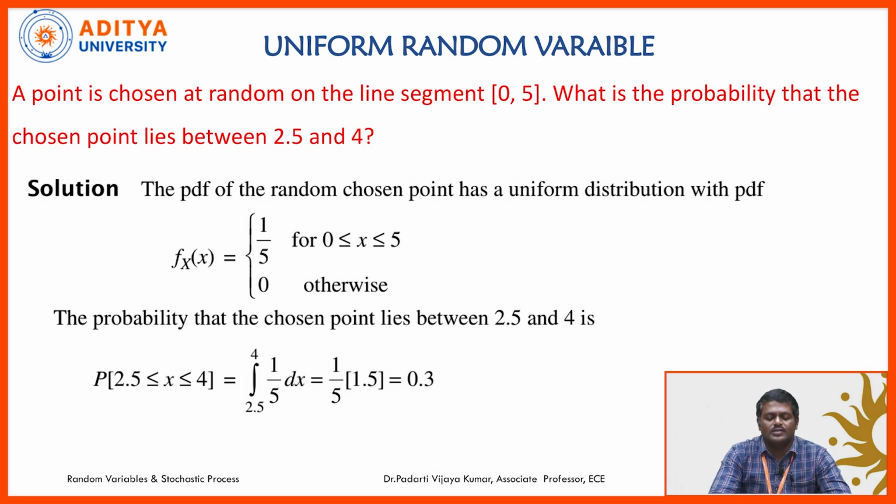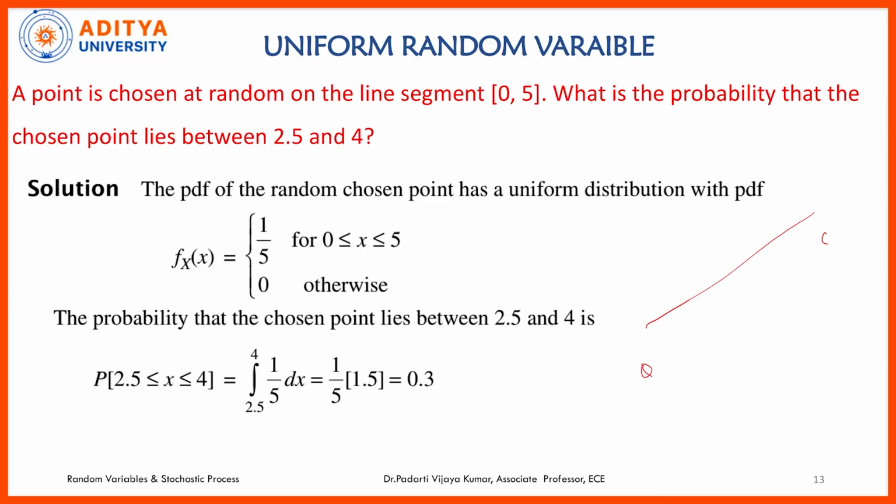Another practical example is a point chosen on a line segment. A line segment is there, 0 to 5. A point is chosen randomly between 2.5 to 4. What is the probability that the point lies between 2.5 to 4, given it is a uniform distribution function?